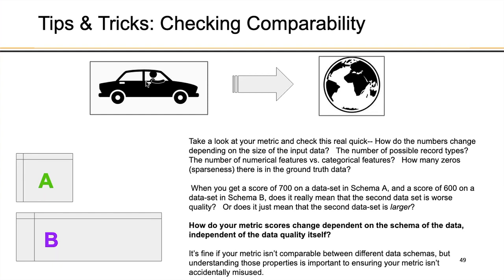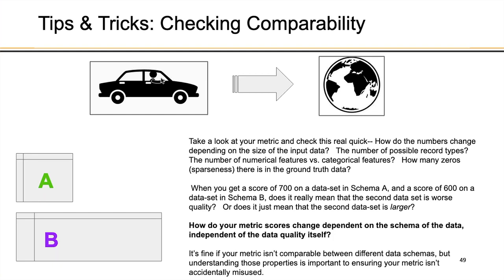Otherwise, we'd have 100,000 possible pie slices, and our slices would be very thin. So when the pie chart metric is working with a schema that has too many possible record types, all of a sudden it doesn't perform well. It's going to tend to perform worse the more record types there are.